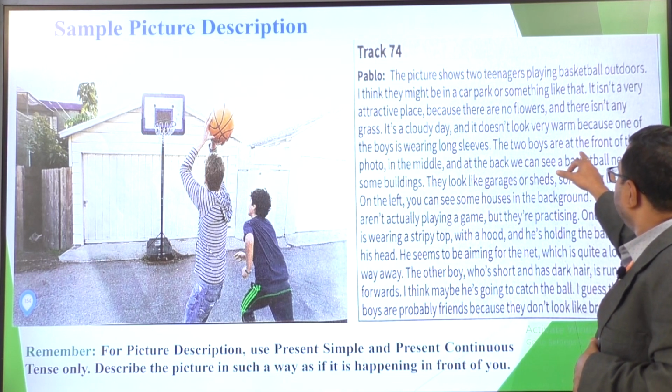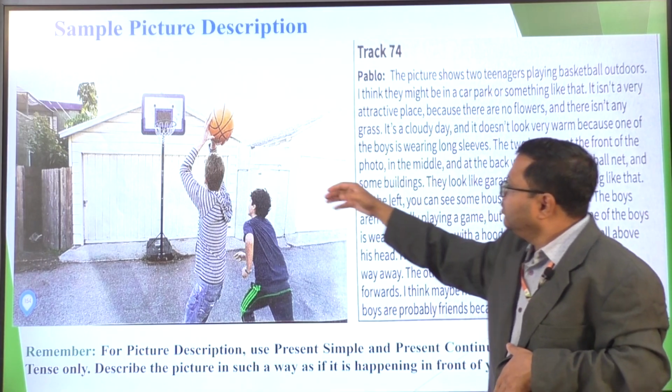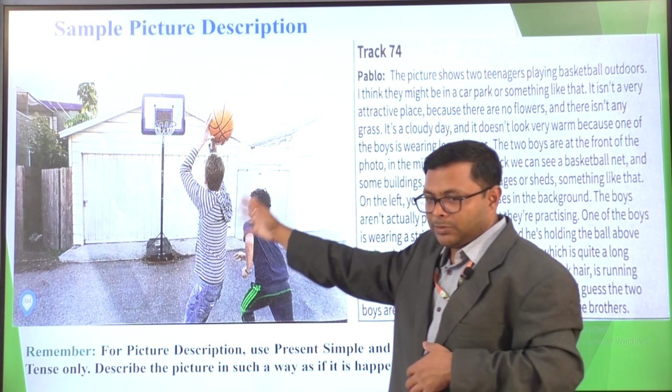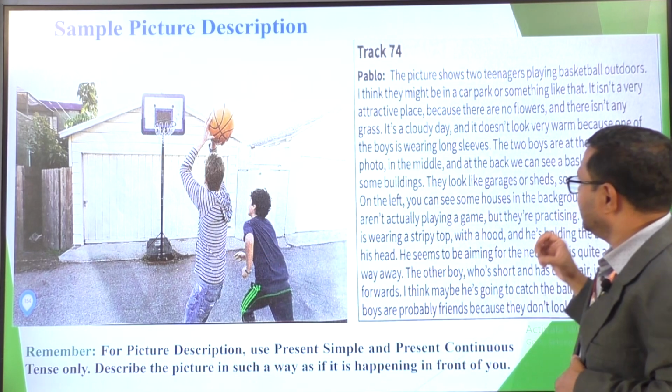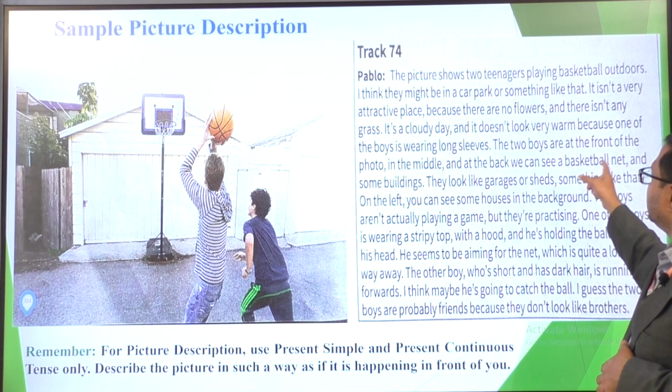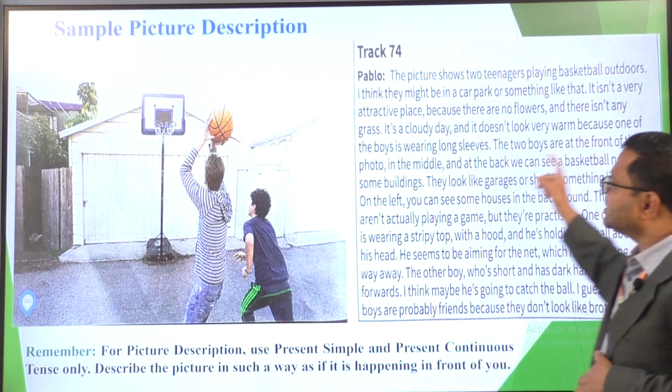The two boys are at the front of the photo, or in the middle part of the photo two boys are there, you can see in the middle, and at the back we can see a basketball net and some buildings.